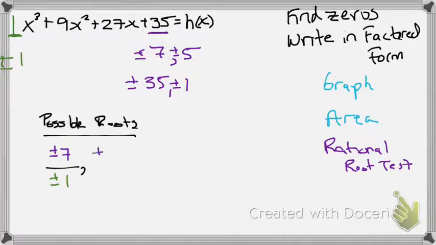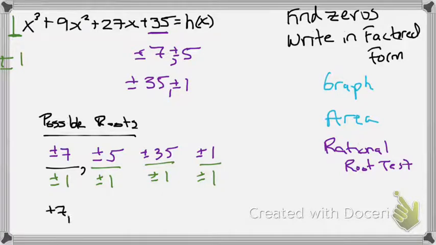So I could have plus or minus 5, plus or minus 35, plus or minus 1, and all of those could be over... which leads us to, we could have a positive 7, a -7, a positive 5, -5, so on and so forth. And all of those roots are possible.